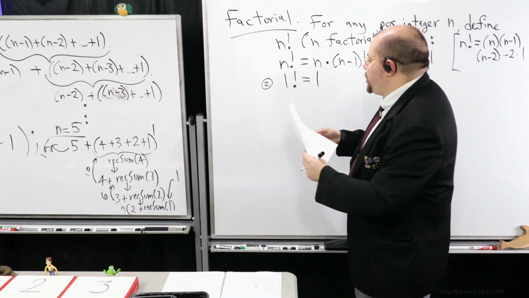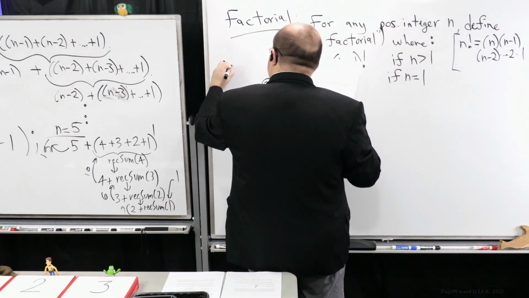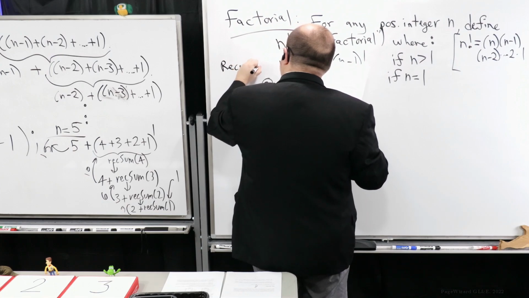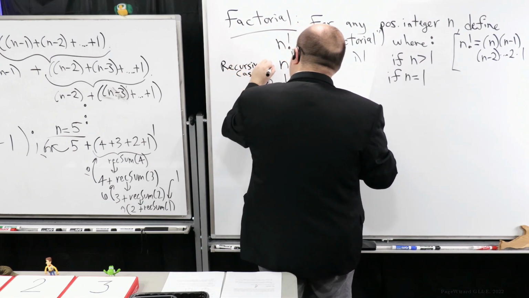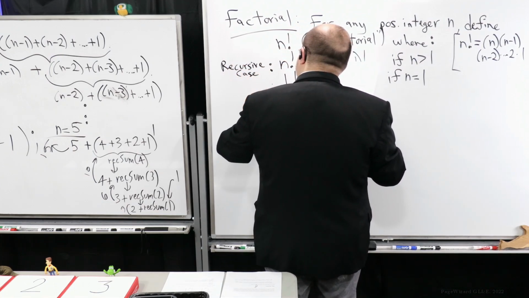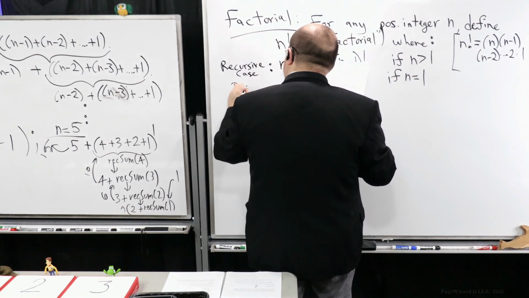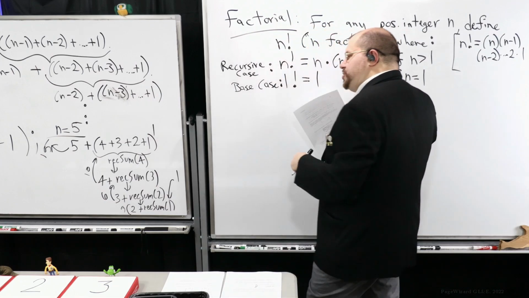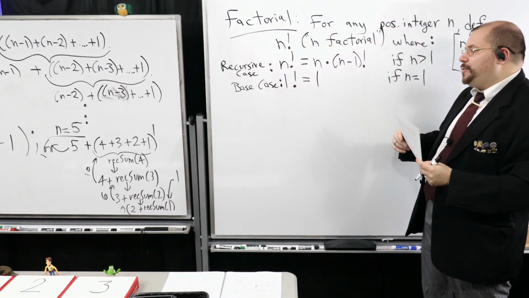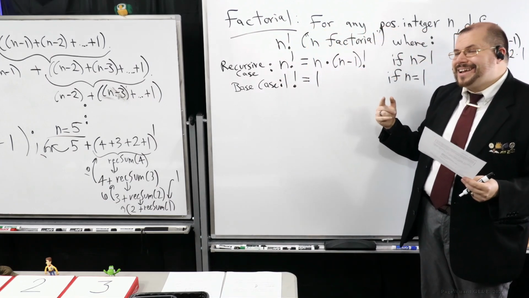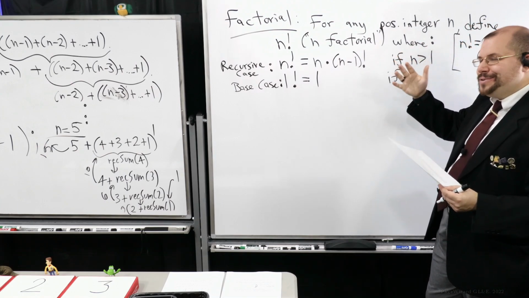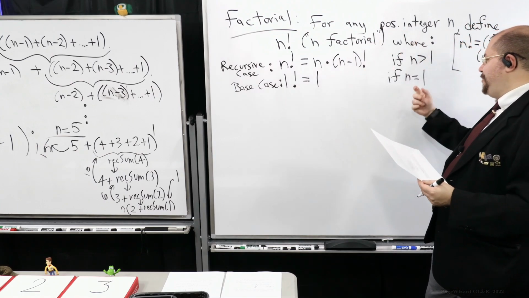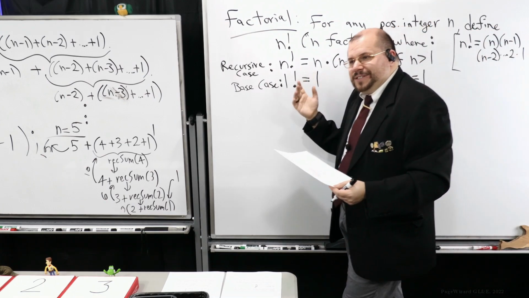So 1 is the recursive case. And 2 is a base case. And I must stress that you can have more base cases. For example, if I wanted to define what 2 factorial is to be 2, that's another base case I could define if n was equal to 2. Just as an example.